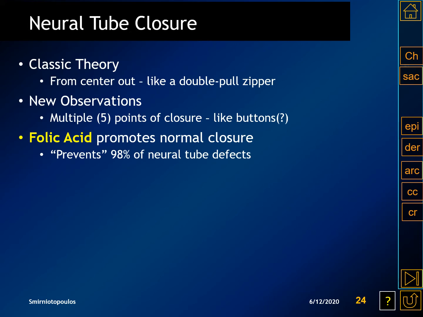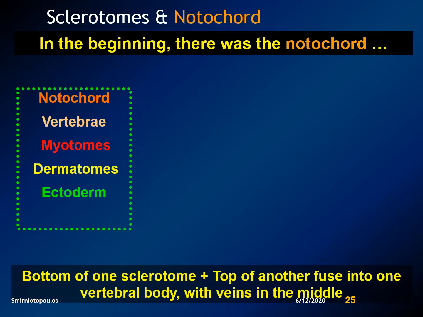The neural tube probably closes from multiple points, and it's been demonstrated in mice that there are at least 5 points of closure. And neural tube defects are almost invariably related to deficiencies in folic acid, so it's important to take your vitamins.